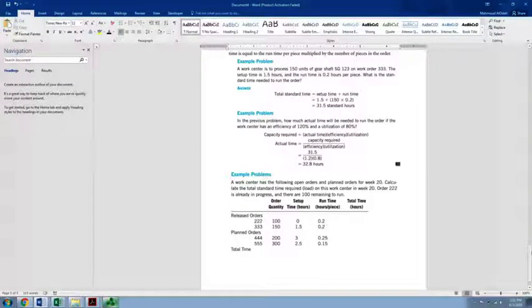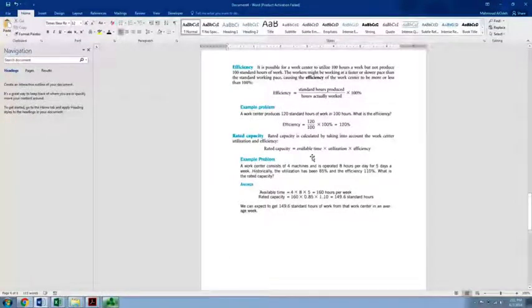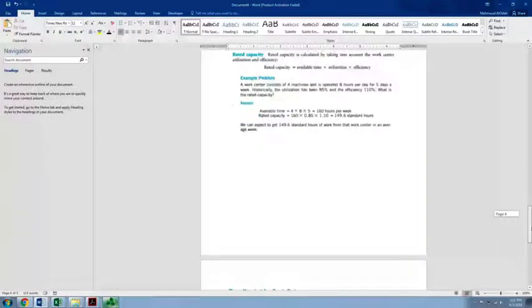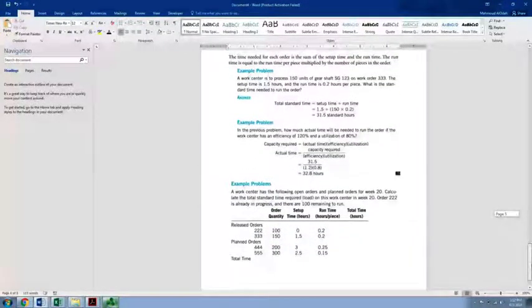Looking into the capacity, this is what we call the rated capacity, right? If you remember, the rated capacity is equal to available time times utilization times efficiency.